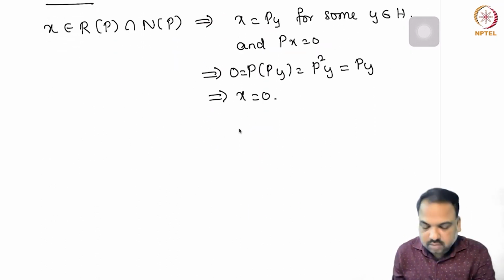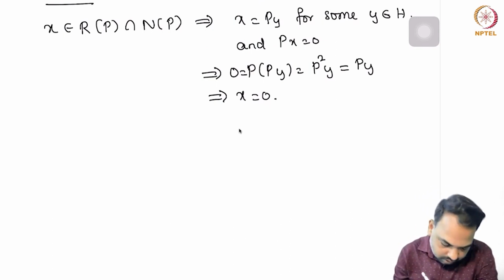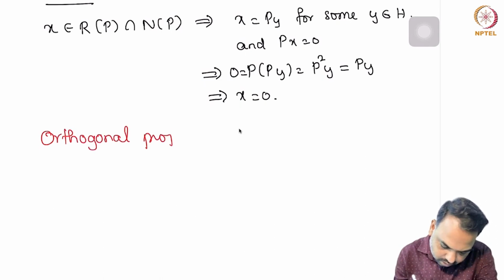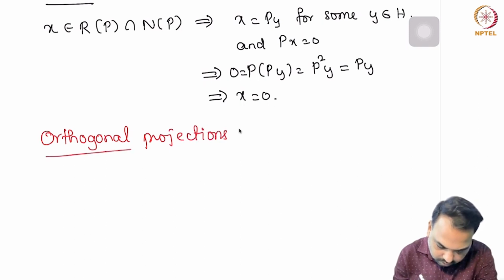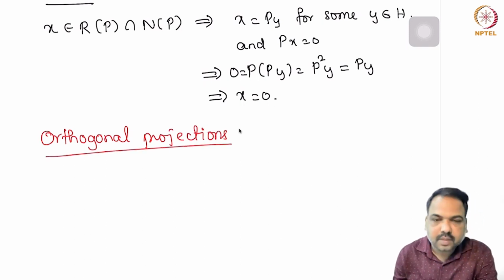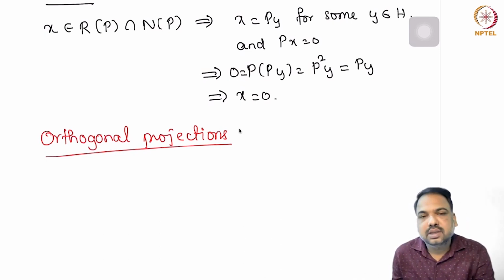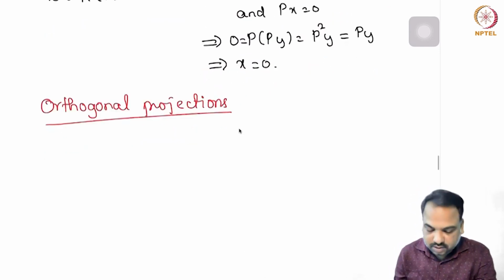Next we discuss orthogonal projections. So a projection is said to be orthogonal if the null space and the range space are orthogonal to each other.